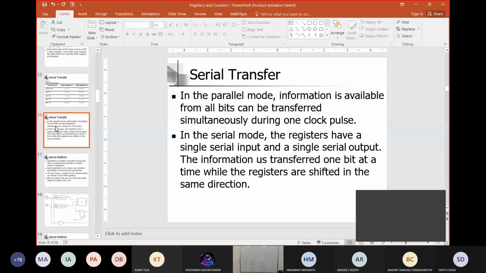Anyway, doesn't matter. Now just check out if you have any information you can tell. In parallel mode, information is available from all the bits and can be transferred simultaneously. Parallel mode is also there, serial mode is also there, but you guys are stuck to only serial mode. It might have a parallel transfer also. We don't know. Ma'am, in its name, USB, it's serial.